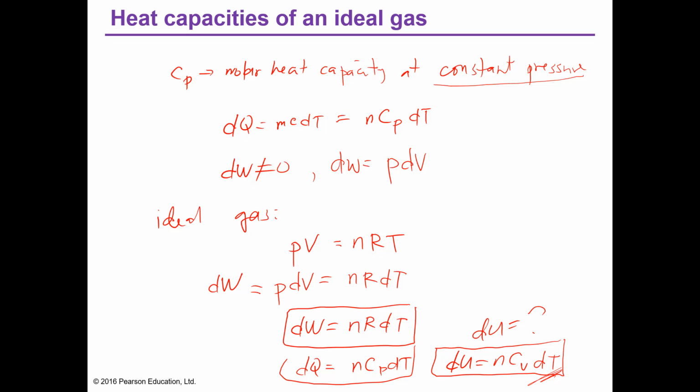So we have dU, we have dQ, and we have dW. Now the first law becomes this: dU is equal to dQ minus dW. dU is equal to nCv dT. dQ is equal to nCp dT.